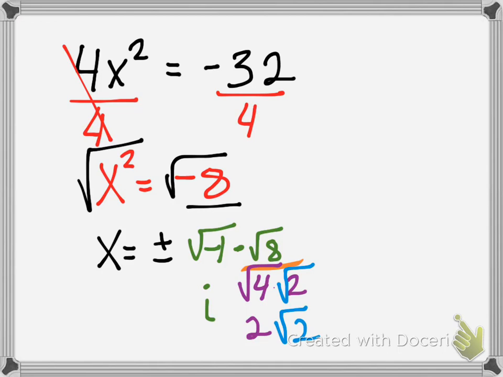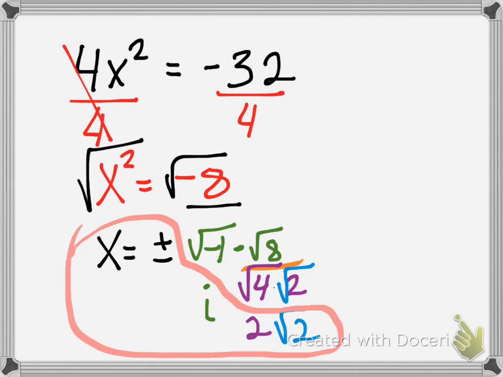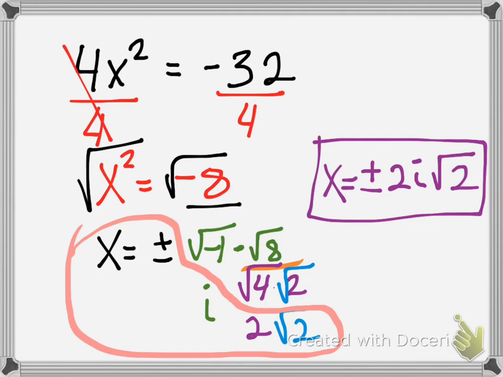I have to take the plus minus, the x equals, the plus minus, the i, the 2, the square root of 2, and we have to put that all together into an answer. So let's write it down. x equals plus minus. We want to put the real number 2 first, then the i, then the square root term we want to write last. That's just the way we like it to look when we write our answer down. All done.